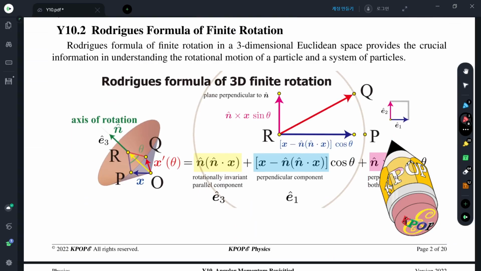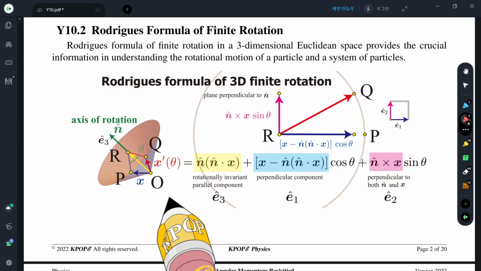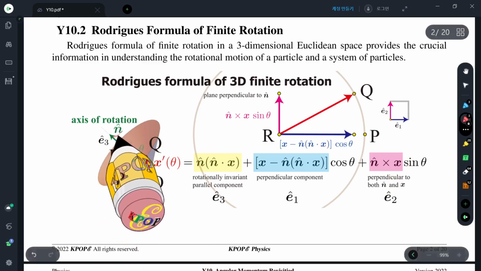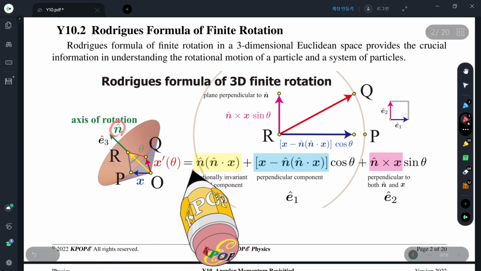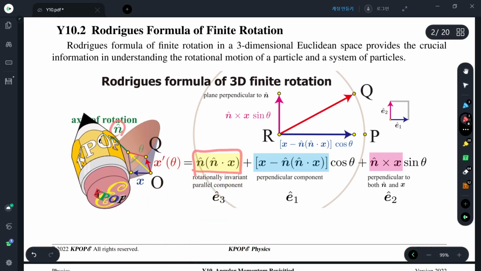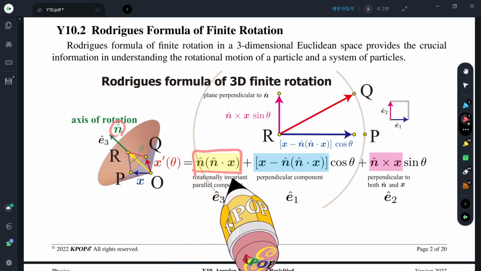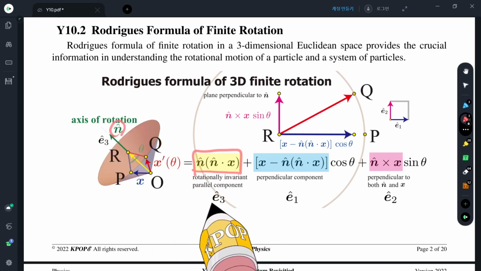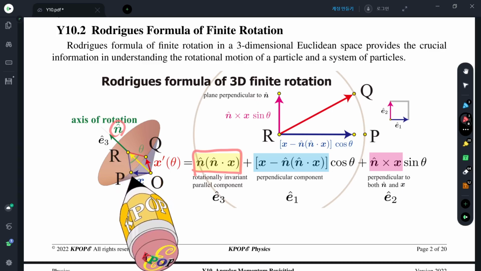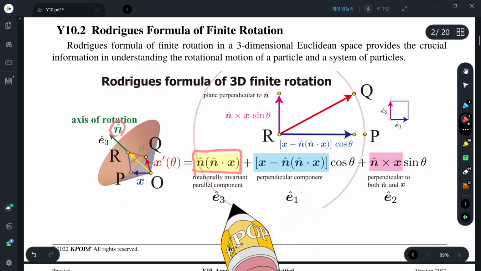Rodrigues rotation formula is very important to study the angular motion. Axis of rotation is assumed to be invariant, and this component is the vector's component along the axis of rotation. Any component along the axis of rotation is invariant under this rotation. The only contribution is the perpendicular component.